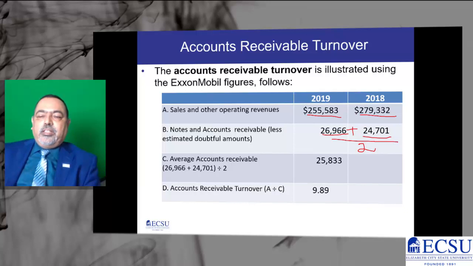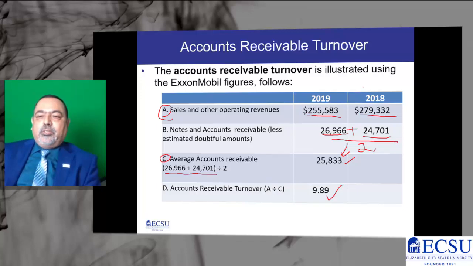That gives the average. So the accounts receivable turnover ratio, sales divided by the average accounts receivable, comes out to be 9.89.